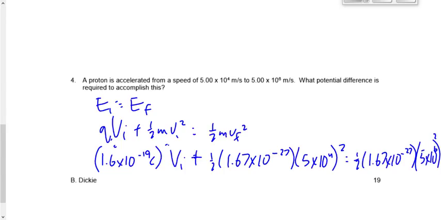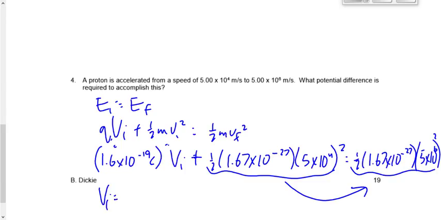squared. So what I want you to do is get this number, take this number over to the other side by subtracting, and then divide by 1.6 times 10 to the minus 19. And that gives me V_i, an initial potential of 1.30 times 10 to the 5 volts. Does that make sense?